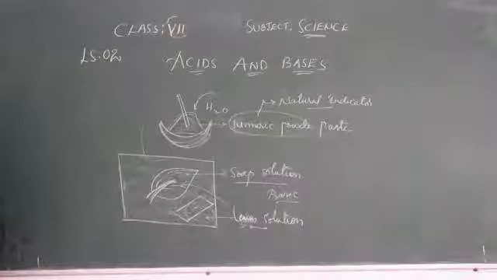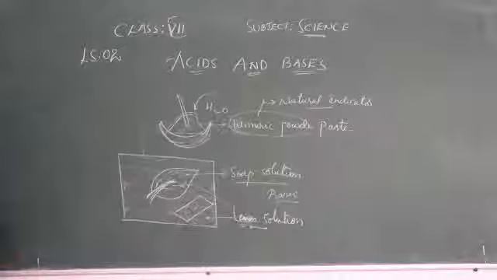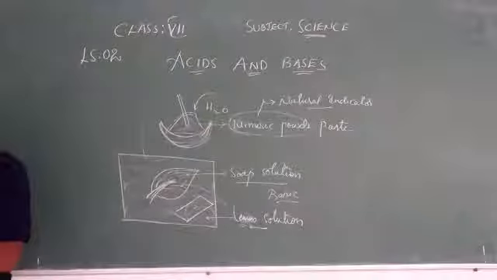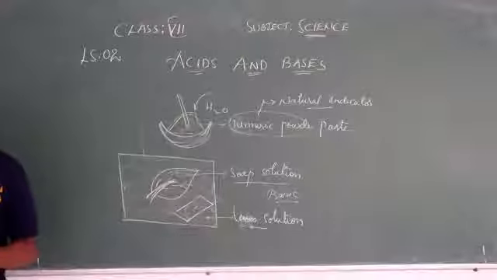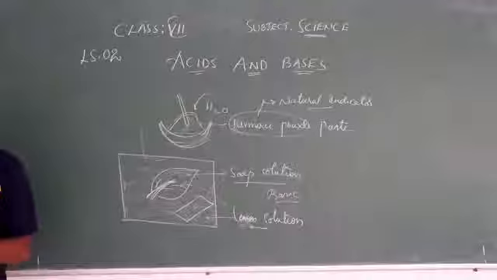Next, let's do this. One more table is given for you. It asks us to take different substances like vinegar, apple juice, banana, lemon juice, soap solution, lime water, glass cleaner, and milk of magnesia.